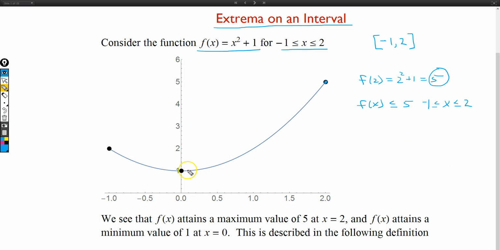Now you'll also notice that we have a minimum value right here. So you notice that f of 0 is equal to 1. There's 0 on the x-axis, and f of 0 is equal to 1, and f of x is greater than or equal to 1 for all the other x values in this interval. Just by looking at the graph, you can see that.